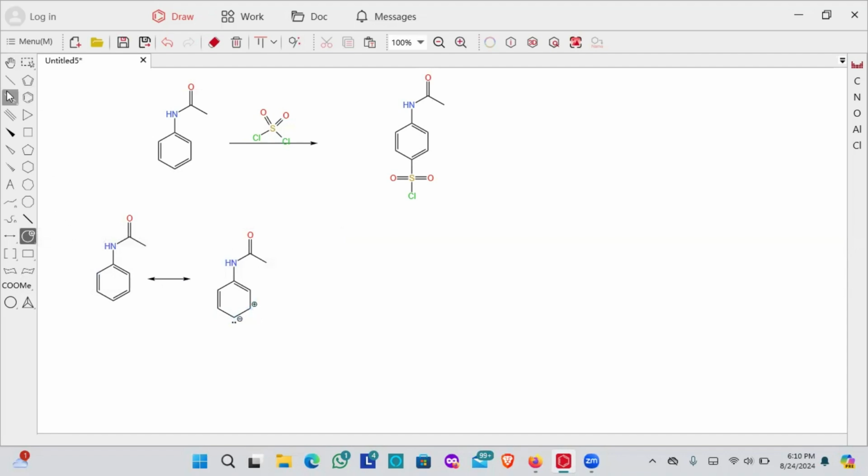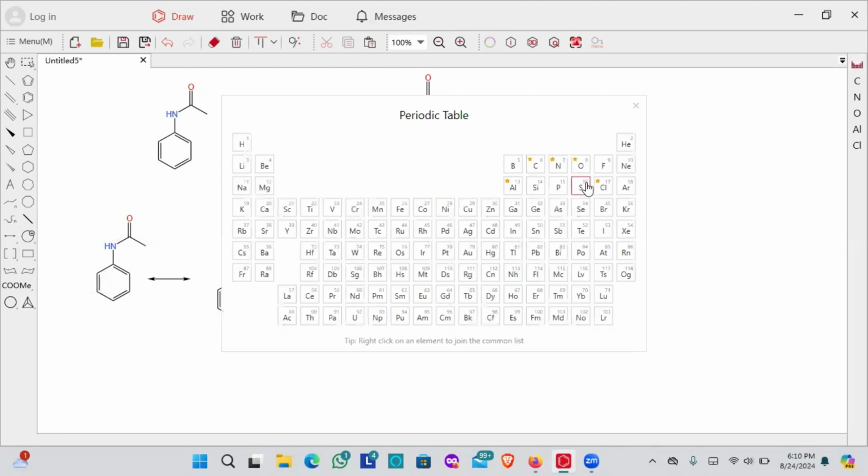Now let's show how the mechanism is going to proceed. Let's take a copy of the sulfonyl chloride. You know what? Let's just draw it once again. I'll get the sulfur.